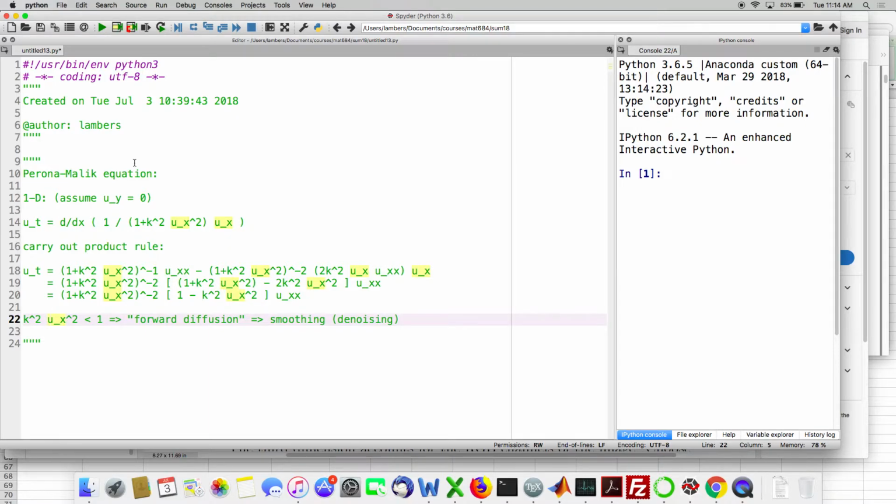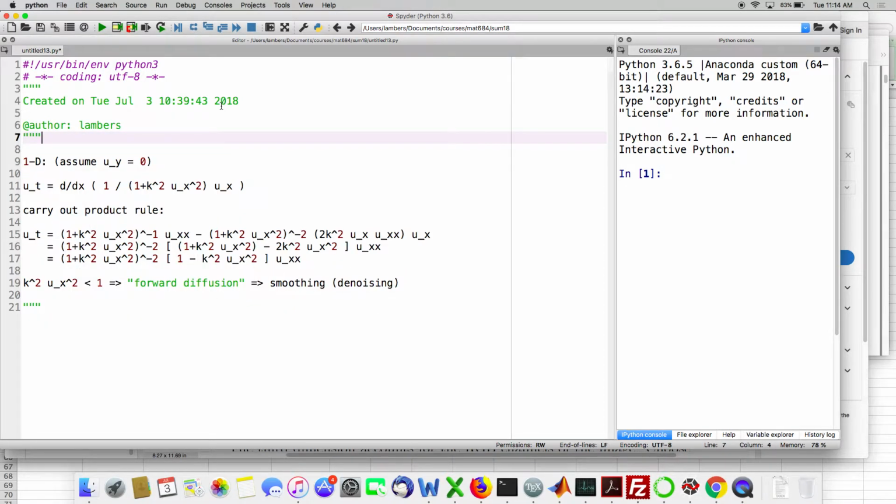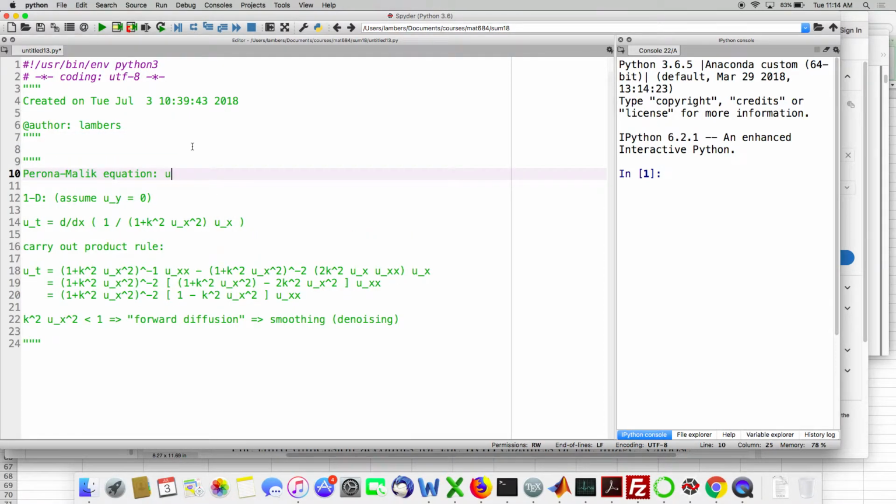So the idea is u of x, y, t is a pixel value at location x, y, time t. The pixel values being like for a grayscale image, 0 being black, 255 being white, and all the values in between.